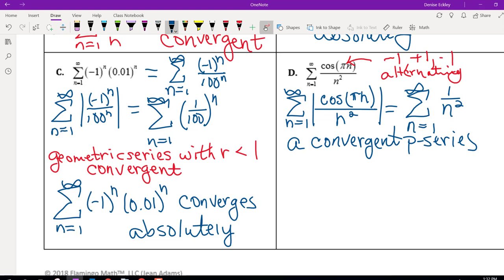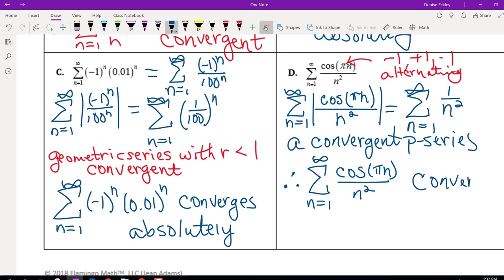So what we can say is, since the absolute value converges, our original series, our alternating series, is absolutely convergent, so it converges absolutely.